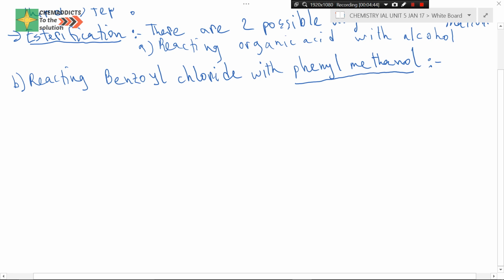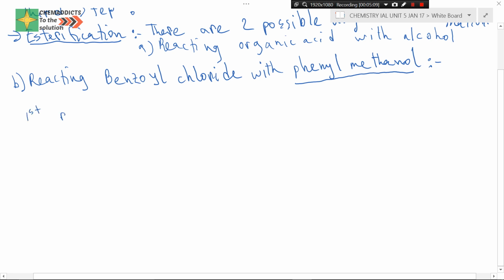So our objective is to form benzoyl chloride in order to react it with phenyl methanol. This reaction is similar to the reaction of acyl chloride with alcohol.